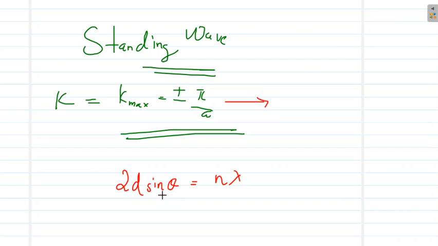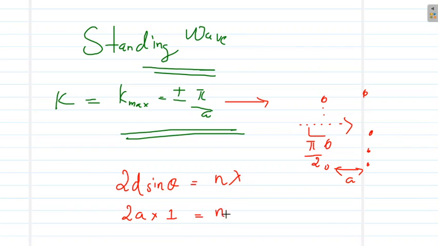Here theta is the glancing angle. Since the wave propagates in a direction perpendicular to these planes, let us take the glancing angle to be equal to pi by 2. And we know the interplanar spacing is effectively the lattice constant a itself. So we have 2a into 1 equal to n lambda.